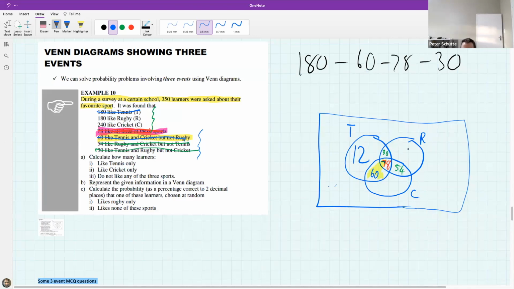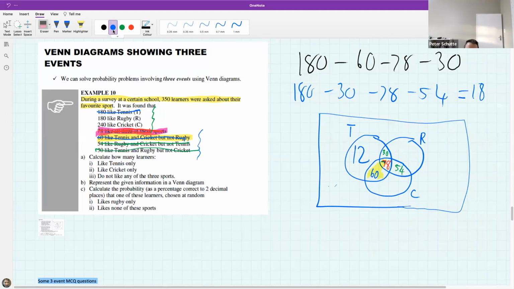How many are going to go over here? That's the rugby part of town. So you need to go 180 minus 30 minus 78 minus 54, which gives you 18.